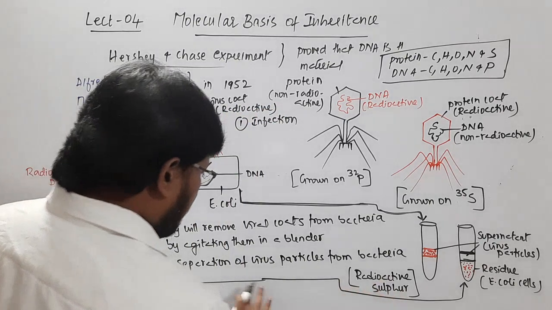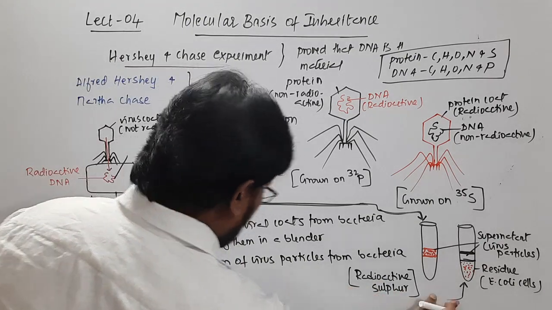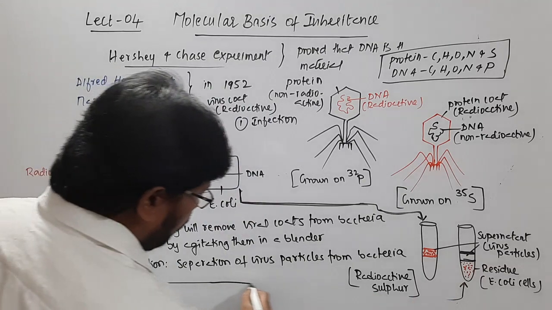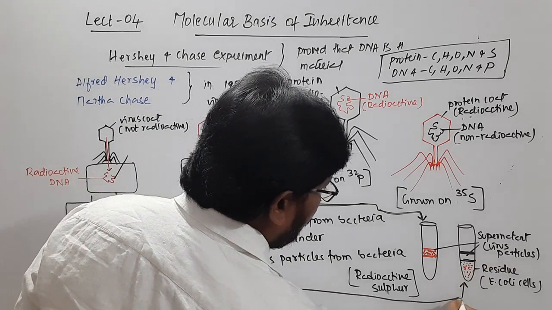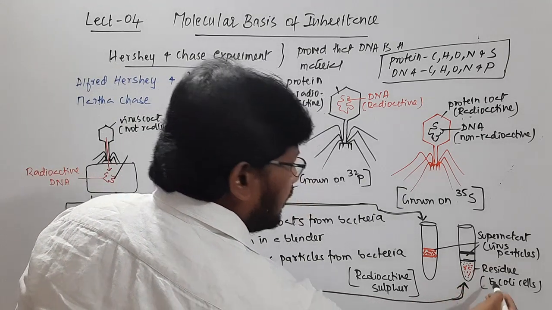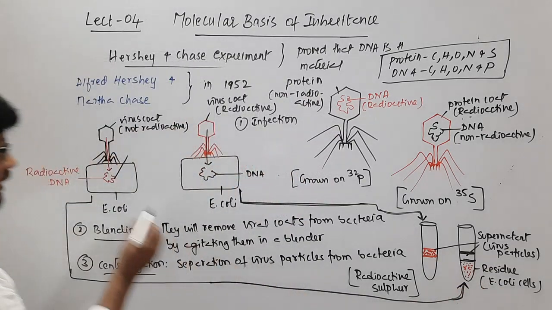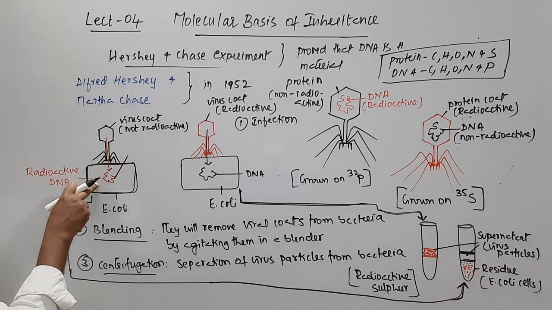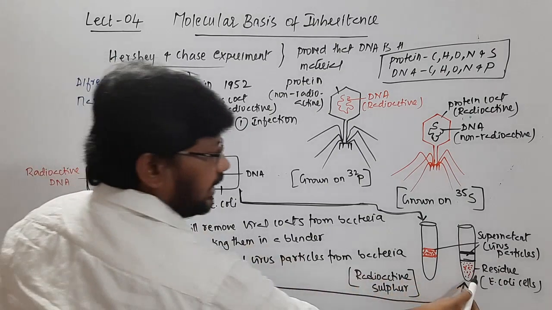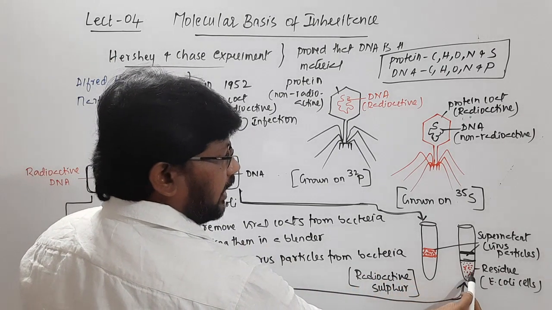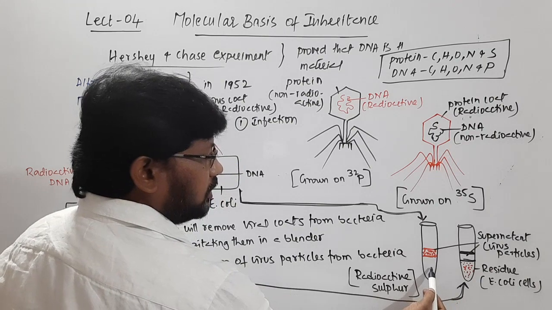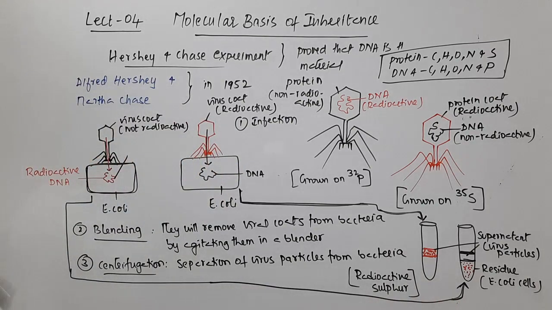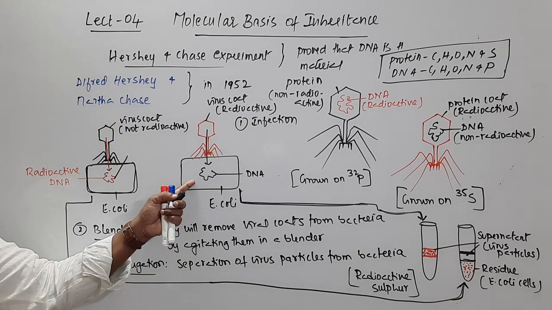So when we see this one, the residue that has E. coli cells, you can see the E. coli cells are having the radioactive DNA inside. In the other case the residue does not have radioactive DNA.